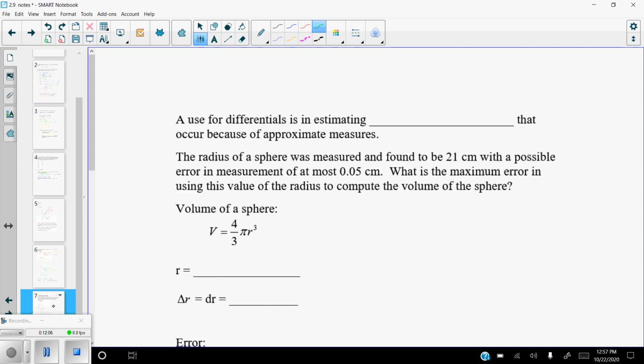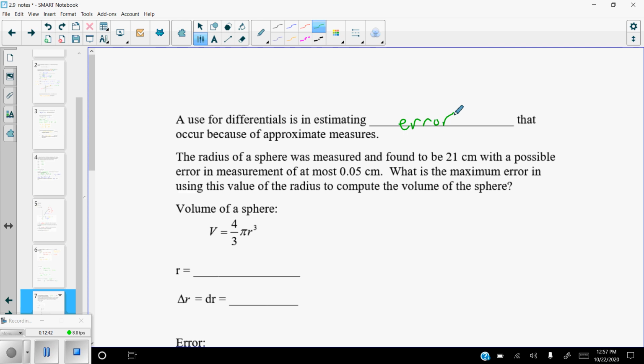So one use for differentials is estimating the error that occurs because of approximate measures, meaning that we are humans, we measure things. We can have errors in measurement. Also, if you think about things on a really grand scale, a lot of times astronomers, and not even necessarily astronomers, but people who measure land masses like mountains, they don't physically take a measuring tape or a ruler and measure the height of a mountain.